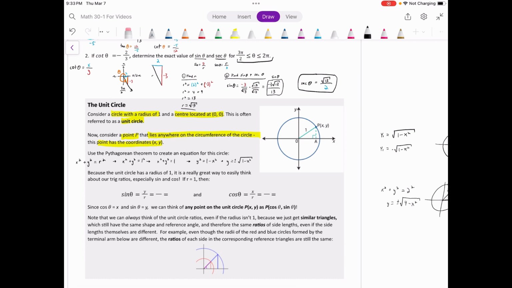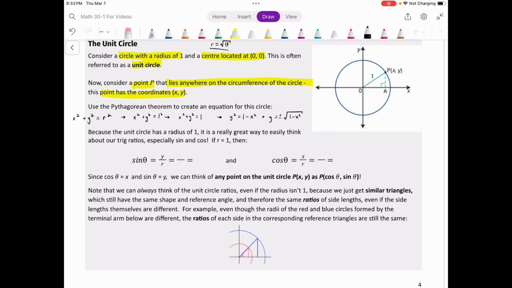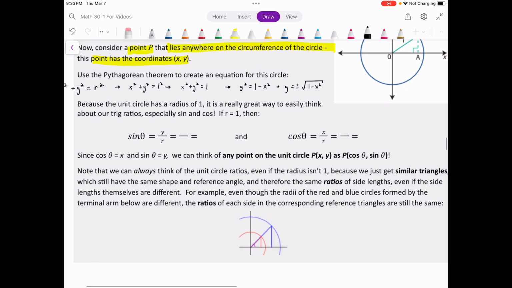We're often more interested in this unit circle just because it's super handy, and you'll see why. In fact, we're about to see why. It's because of this fact. The unit circle has a radius of 1, which makes it a really great way to easily think about our trig ratios, especially sine and cosine, okay? Because think about this.